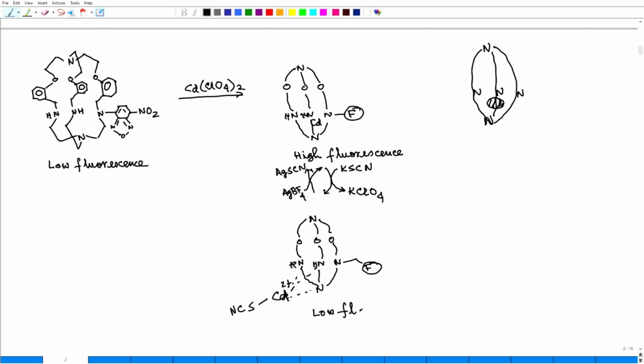Because of the cryptand effect, that is nothing but it is more stable, like the macrocyclic effect. So, this is a cartoon. Because of the cryptand effect, metal goes inside.